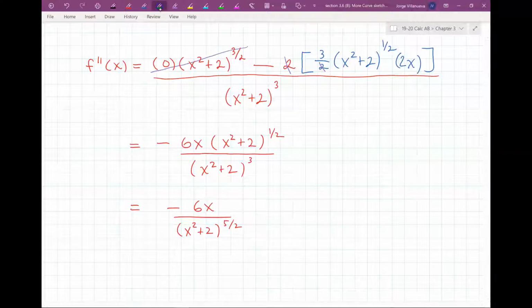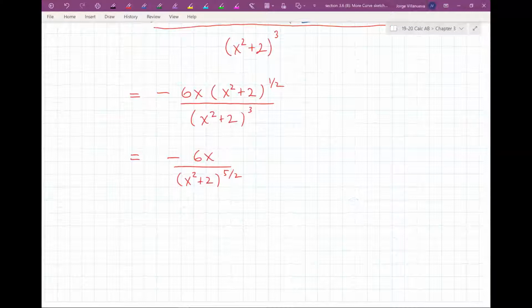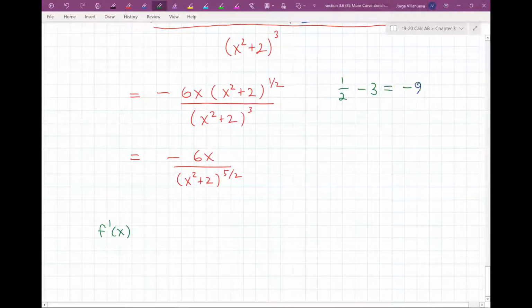So here we go. So we can get to the graph. So 1/2 minus 3 is a negative 2.5, which is a negative 5/2, right? But that means that power would go up there. So that means you have to bring it down.